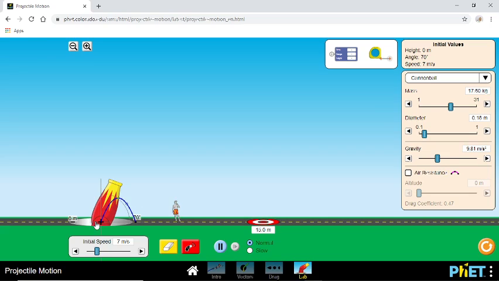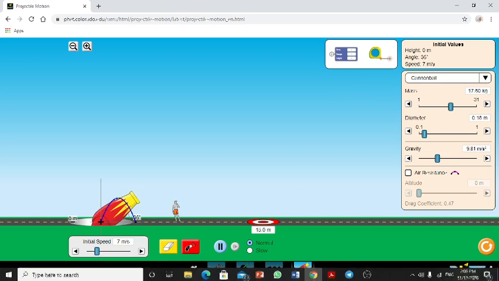And after that we repeat this experiment at different initial speeds, 12 meters per second and 50 meters per second, and we use different angles too, like 45 degrees and 30 degrees, to know the difference in the maximum height and the range.